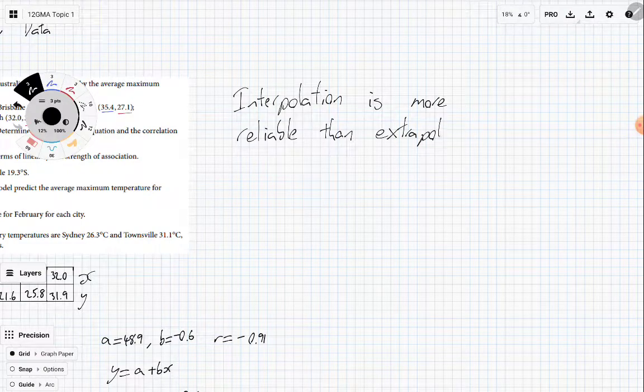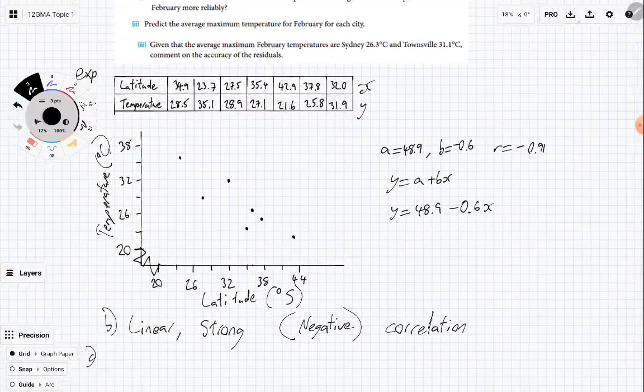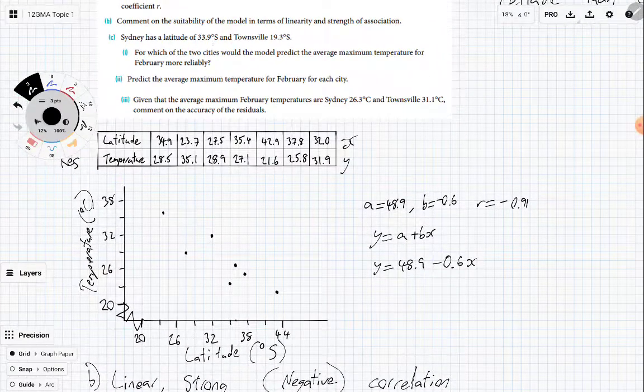And in fact, that's going to be my argument for why I'm going to say that Sydney is going to be easier to predict than Townsville. We don't have anywhere as far north or further north than Townsville, for example, Cairns or Darwin. So we are basing our answer for Townsville on a worse answer.